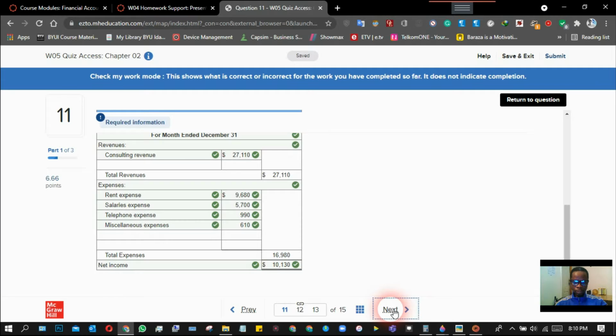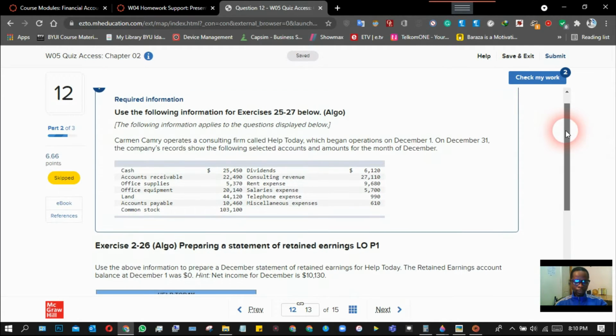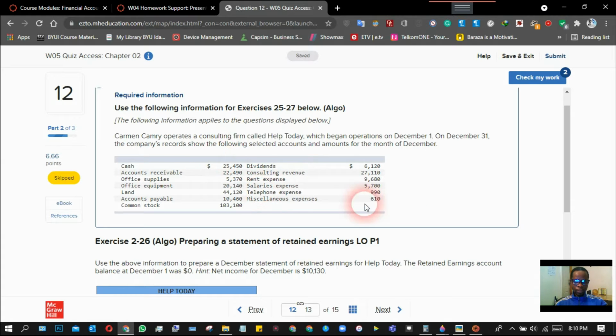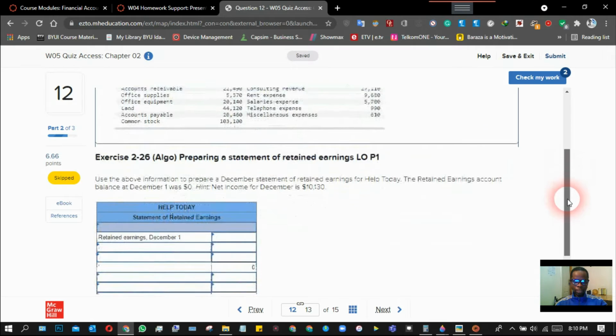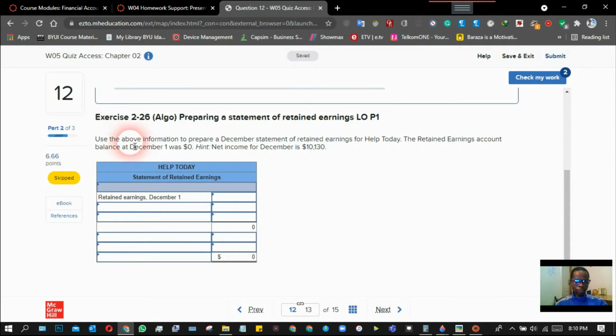Okay, let us go to the next question, question number 12. Question number 12 will still use the same information, so the information doesn't change. And here we are asked to use the above information to prepare a December statement of retained earnings.